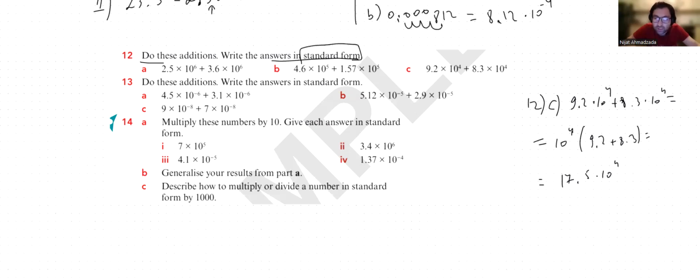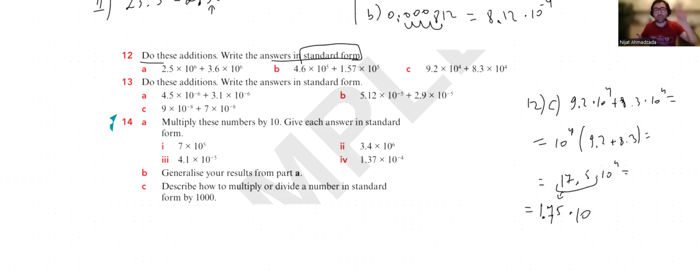For standard form, I need what? I need to put a dot after the first digit, right? But the dot is after 17, so I have to put the dot after 1, after the first non-zero digit. Instead of writing 17.5, I'll write 1.75 times 10 to the power of something. What is that thing? So notice here, I made 17.5 into 1.75, so I divided it by 10.